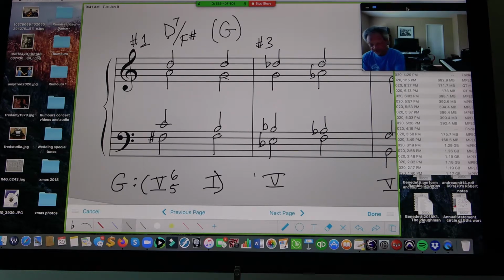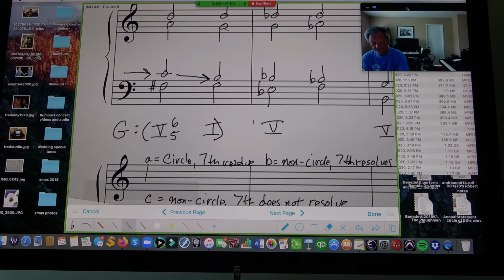The 7th is C. And where's it going? Resolving down. So therefore, category A is the correct answer. That is a 5-6-5 going to a 1 in the key of G major, and A is the type of resolution that it's dealing with.